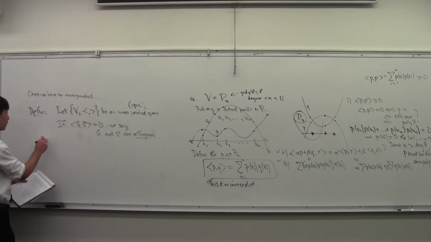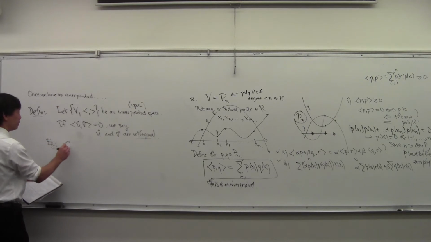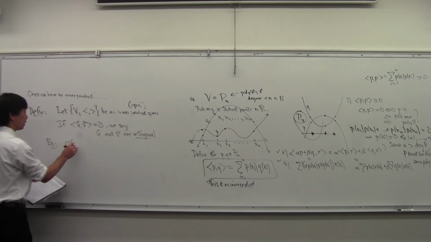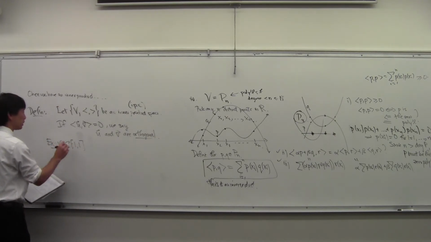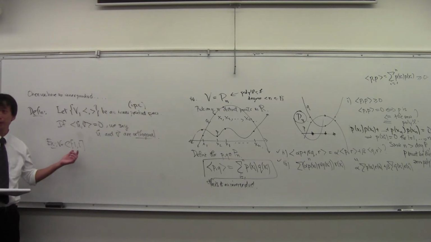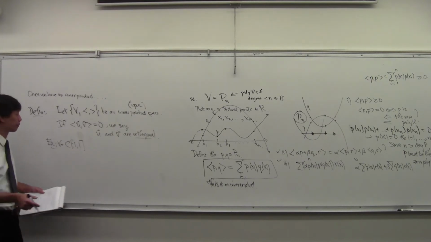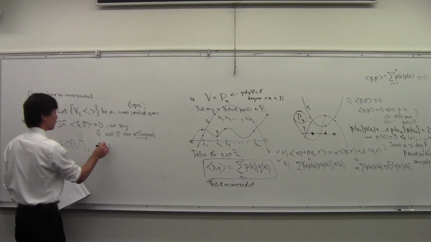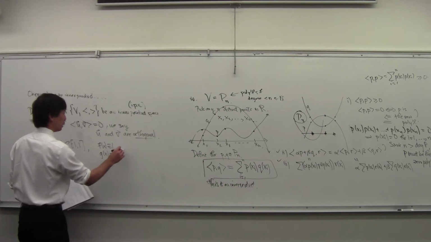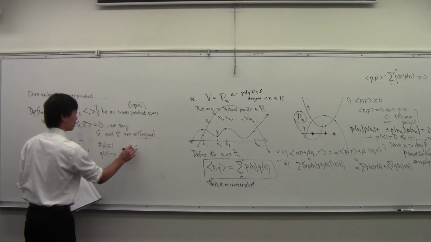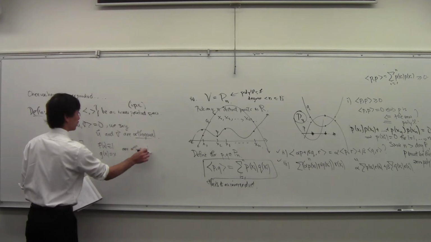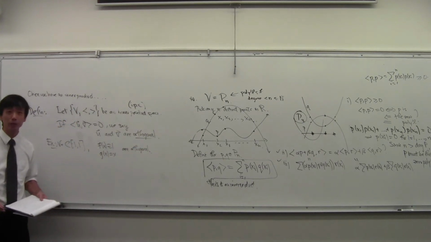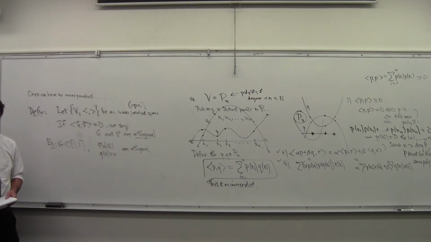Okay, so for example, suppose we are in the inner product space of continuous functions on [-1, 1]. The function f of x is 1, and the function g of x is x, are orthogonal. So you can have functions that are perpendicular to each other.